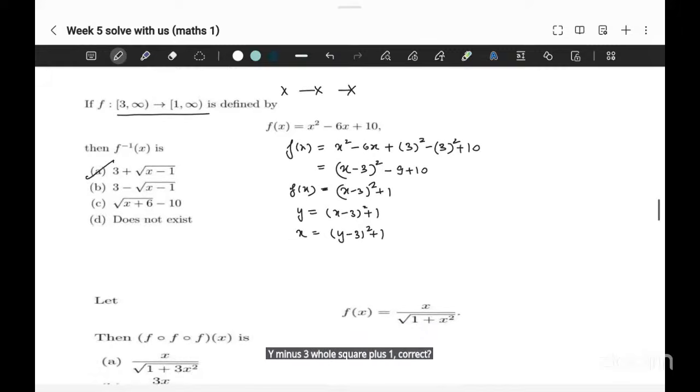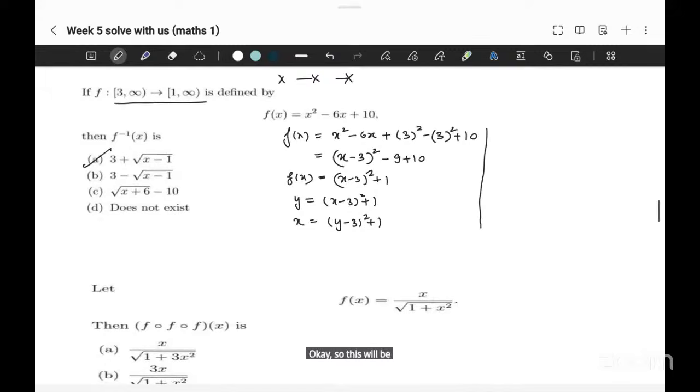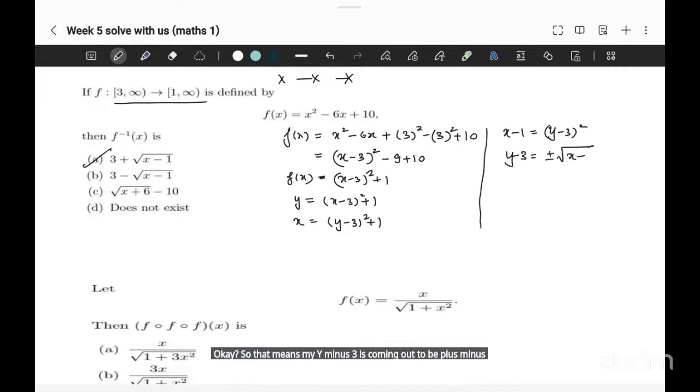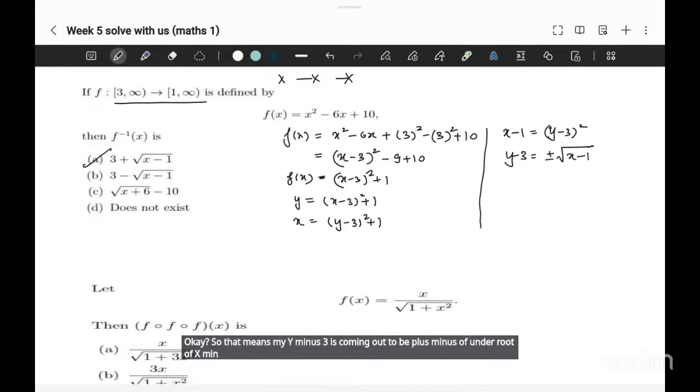Yes or no? Okay. So this will be x minus 1 equals y minus 3 whole square. So that means y minus 3 is plus minus under root of x minus 1, correct? Now we need to check if we have to take the positive one or the negative one.